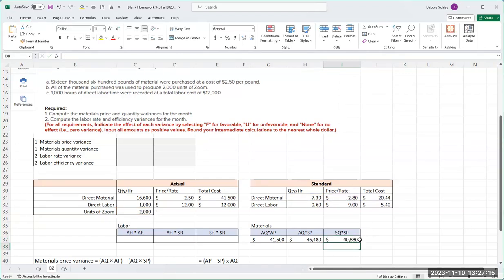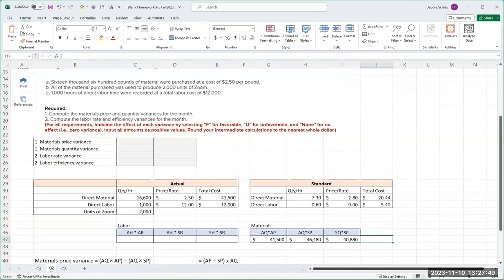Okay, sorry, that took me too many steps to remember the correct order. So again, SQ is the units times the quantity or pounds per unit. And then we times that by SP. So it's the units of Zoom, which they told me in B, times the quantity of direct materials per unit times the price per pound. And this was all given to me up above.